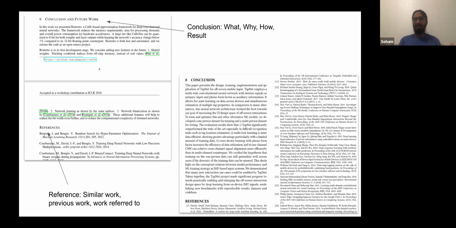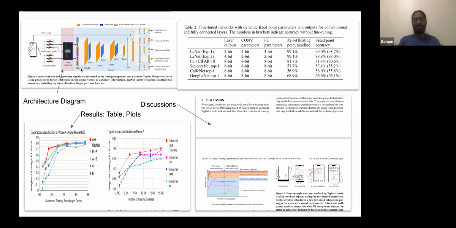And after that is when I looked at the architecture diagram, and just by looking at this, I figured out how they are working on multitask learning, what kind of inputs they're using, what their model architecture is, how they're training their network and so on. I can tell all of that just by looking at the architecture diagram, right? And then I just saw the results that look like this, and they had a discussion section, so I read that.